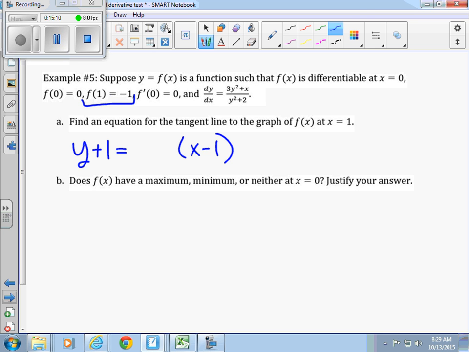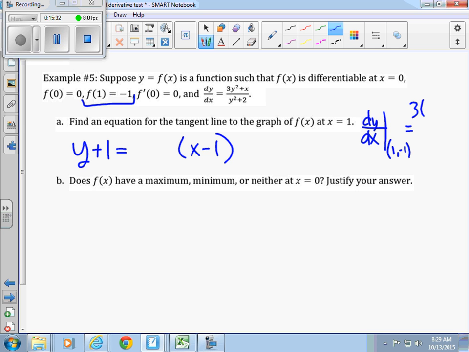Plug in 1, negative 1 into the derivative for x and y. On your work, if this is a real AP problem, show this: dy dx at 1, negative 1. So you can get the point even if you miss the tangent line. Show them that you're doing the derivative at 1, -1.